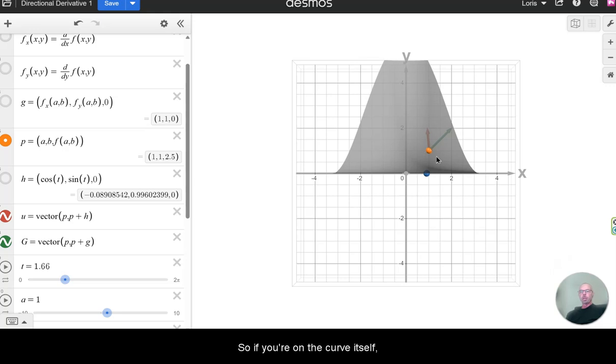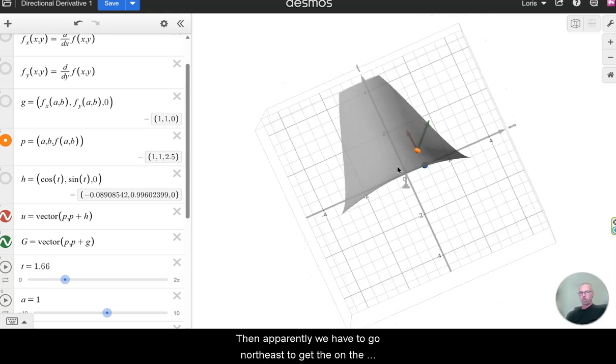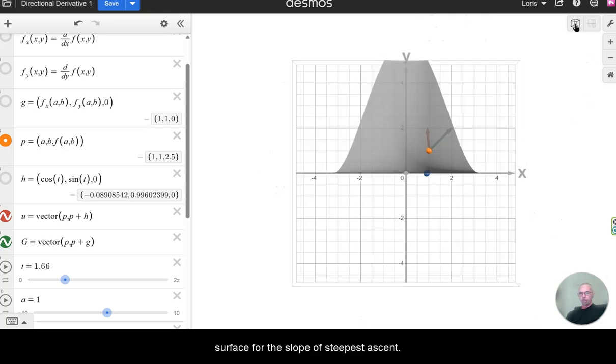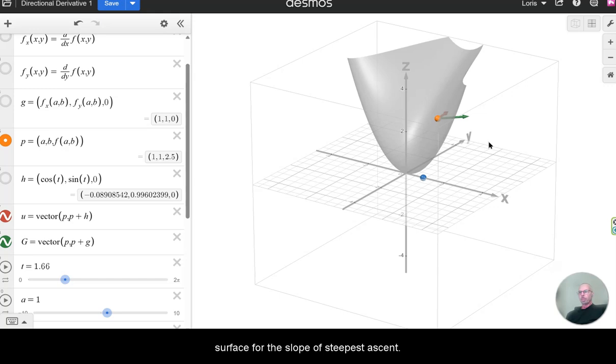So if you're on the surface itself, then apparently we have to go northeast for the slope of steepest ascent.